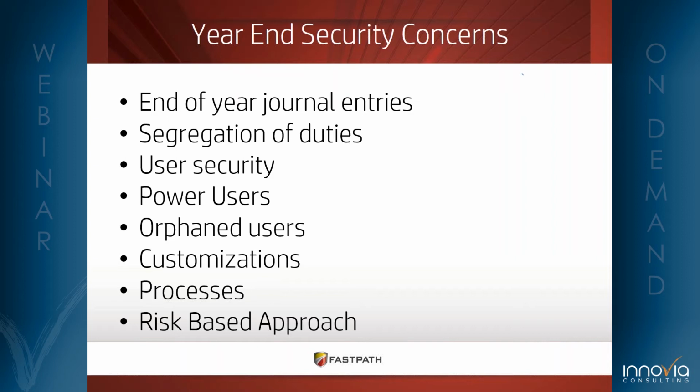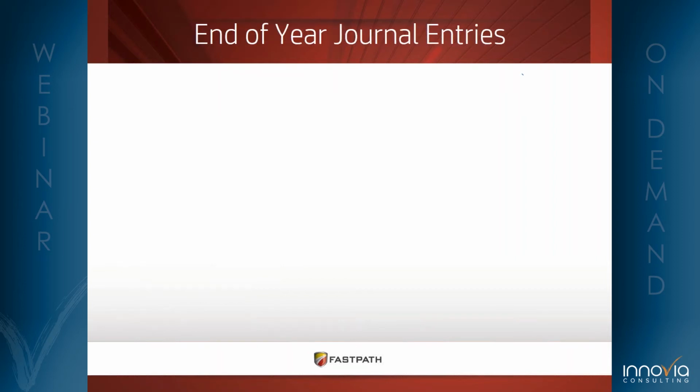We're going to focus on all of this in terms of a risk-based approach. We'll look at what your organization's risk profile is, how to determine what your riskiest areas are, and concentrate on those areas instead of spending too much time in other areas where your company's exposure might not be that great.